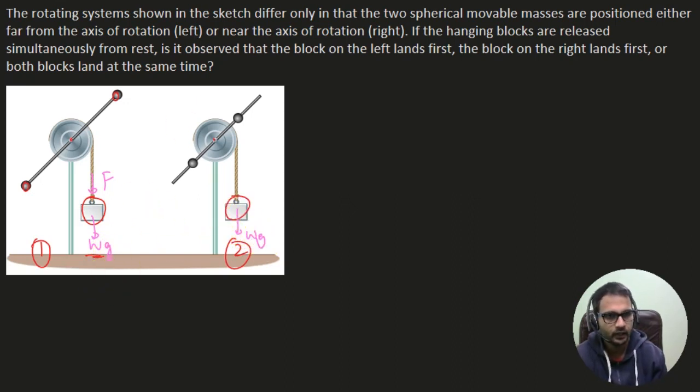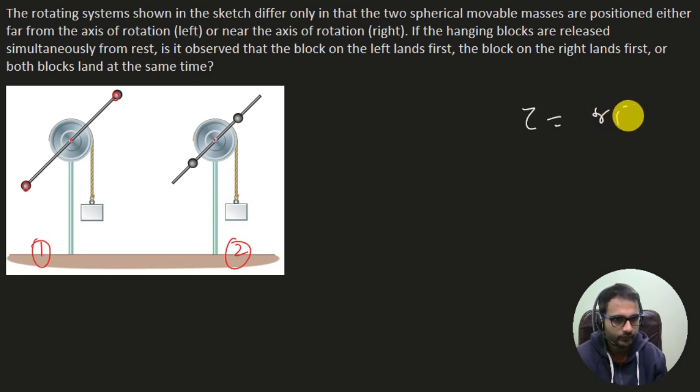That means the applied torque will be the same. Why? Because the tangential force is the same. Torque is what? R into F. The radius for the pulley is the same. The applied force is also the same. That means the net torque applied on the system is the same for both systems.